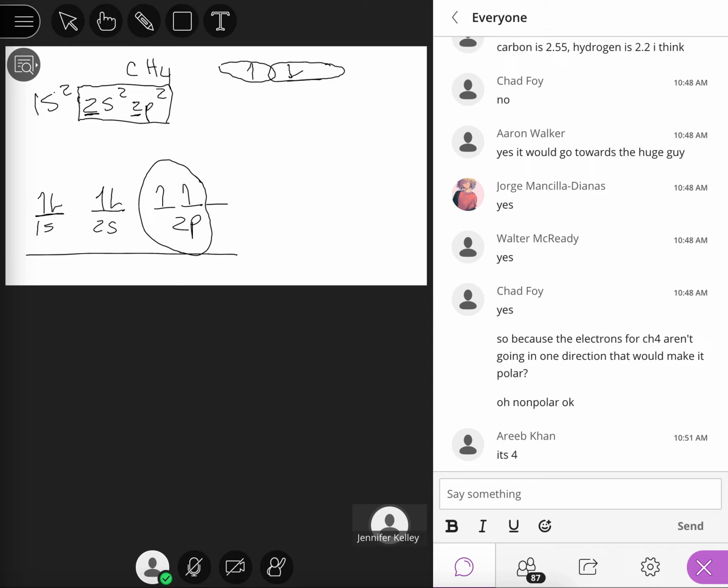So what happens instead is these actually hybridize. They become sp3 orbitals. So you've got a 1s, and then 4 sp3 orbitals.